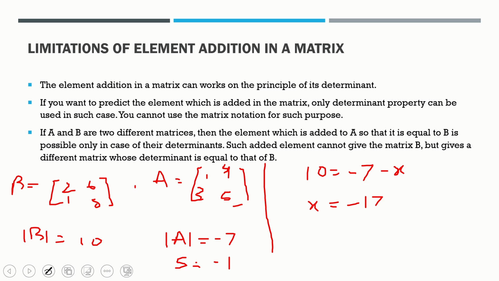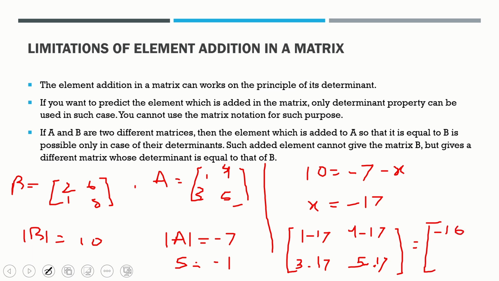Now if I add the element minus 17 to each entry, we will get minus 16, minus 13, minus 14, minus 12.